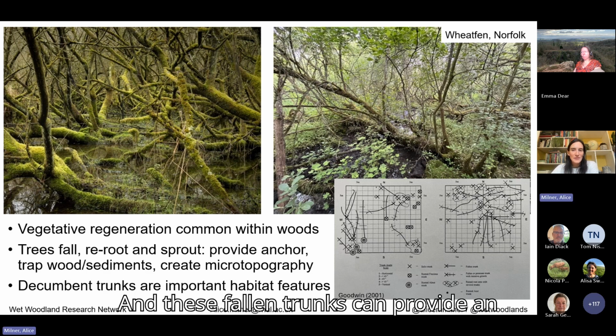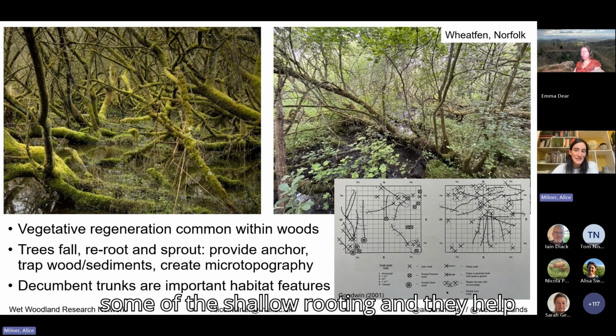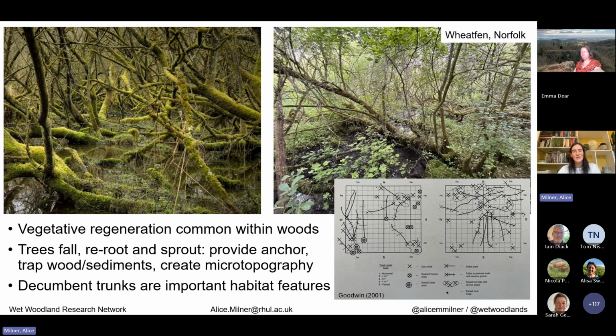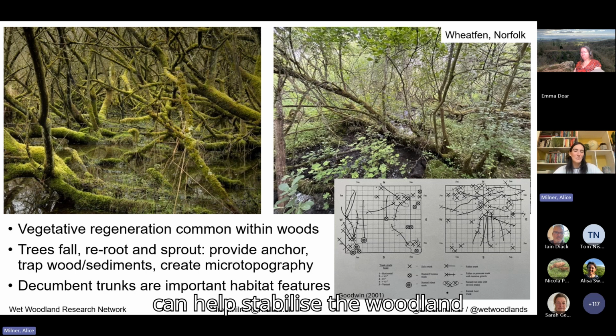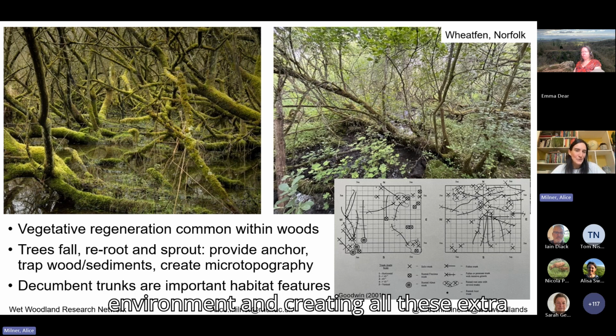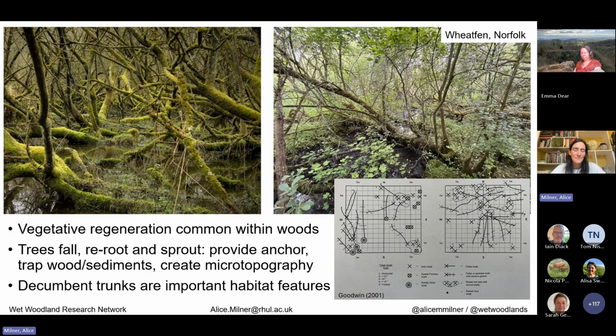And these fallen trunks can provide an anchor for the tree and compensate for some of the shallow rooting. Then they help trap the sediment and other debris, and they can create these really quite amazing semi-permanent structures that can help stabilize the woodland environment and create all these extra drier areas for different species.